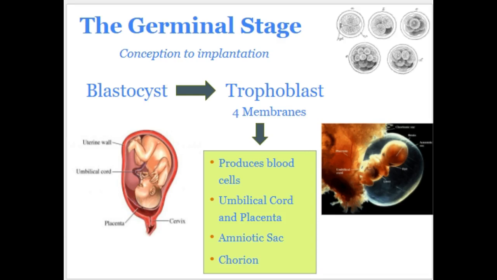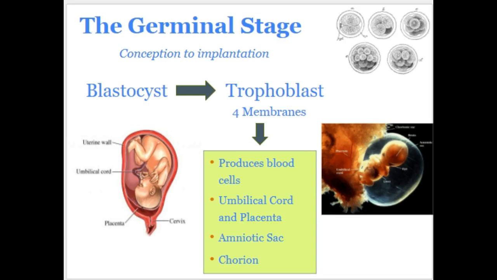That bundle of cells is initially called the blastocyst, and then an outer layer of the blastocyst, the trophoblast, creates 4 membranes, and these 4 membranes start to produce blood cells for the growing individual. It also forms the umbilical cord and the placenta, as well as the amniotic sac and the chorion.